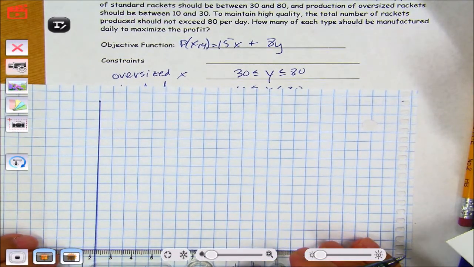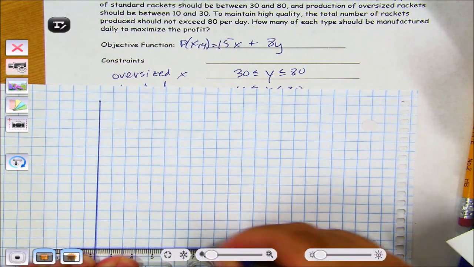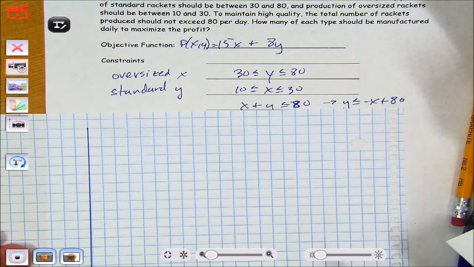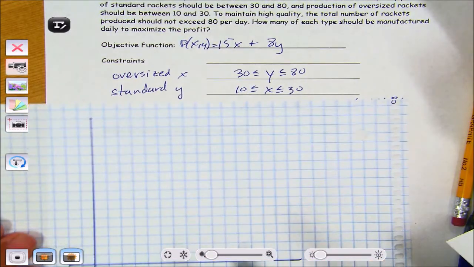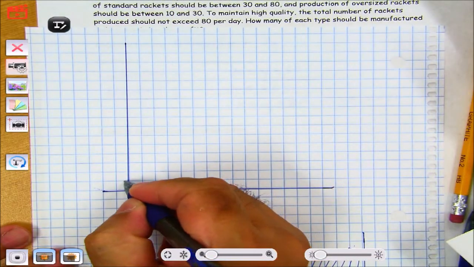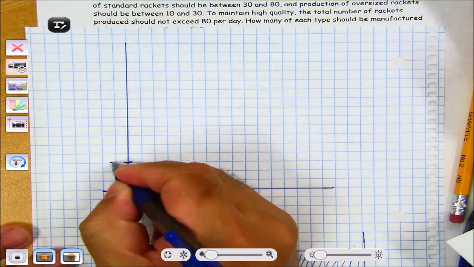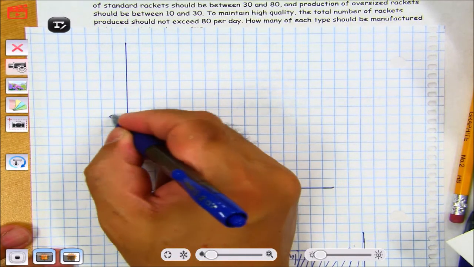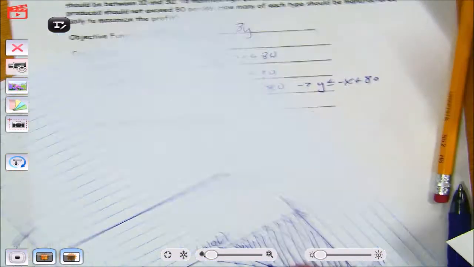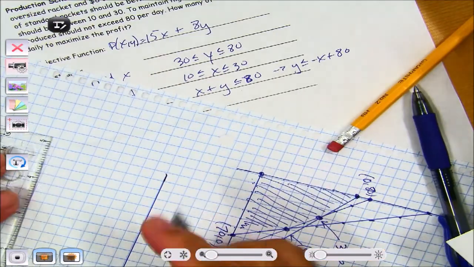Don't need that much space. All right, so we have a horizontal constraint of 30 and 80. So let's go by tens here. It's 10, 20, 30, 40, 50, 60, 70, 80. All right, so there's 80. So they're horizontal constraints.